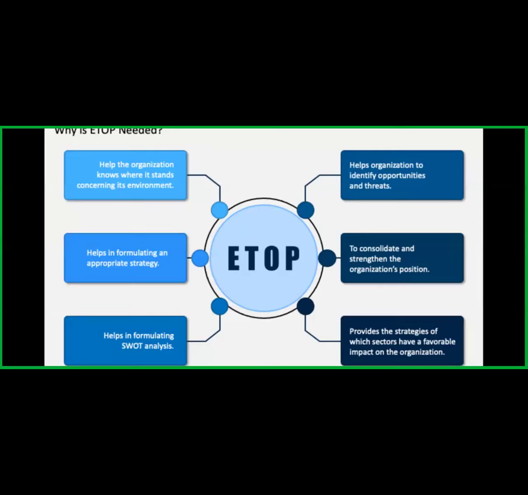Second, it helps the organization in formulating an appropriate strategy. ETOP doesn't only study the organization, but it studies the entire external environment, which includes the strategies of the competitors also.